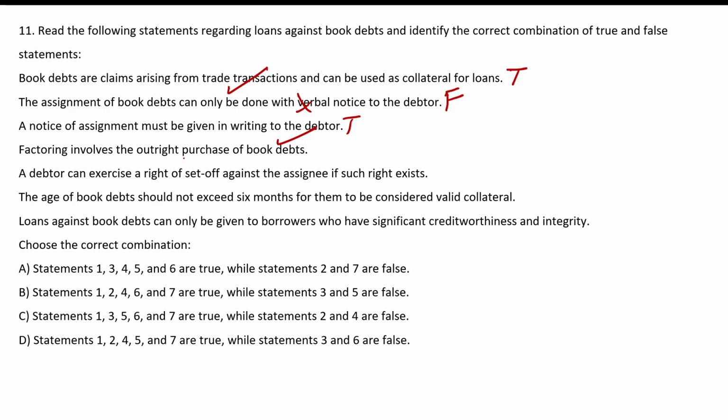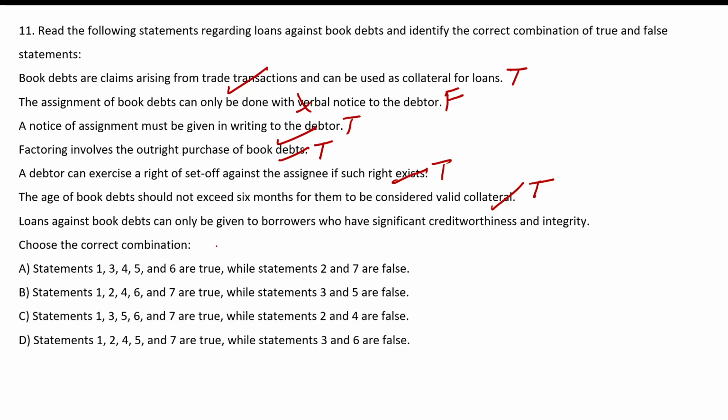Factoring involves the outright purchase of the book debts. So yes, factoring involves outright purchase of book debts. So this is true. A debtor can exercise a right of set off against the assignee if such right exists. So this statement is true. The age of book debt should not exceed 6 months for them to be considered a valid collateral. This is again true.